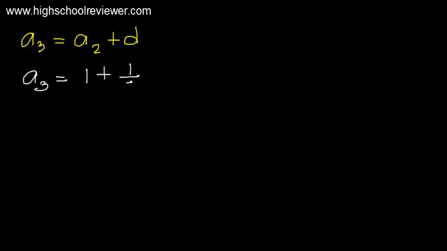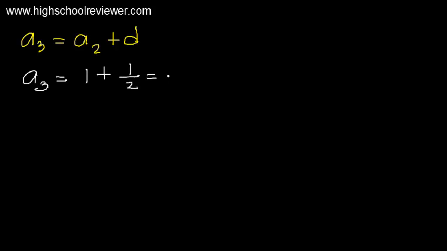And then for our a sub 3, since we now have the value for a sub 2, we are just going to add a sub 2 and the value of d. So our a sub 3 here will be our a sub 2, which is positive 1, plus our d, which is 1/2.